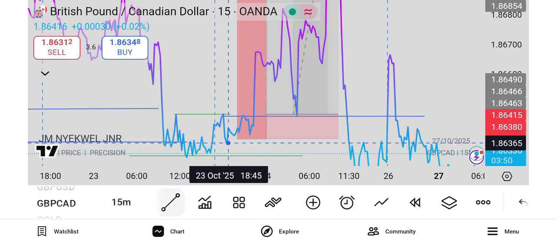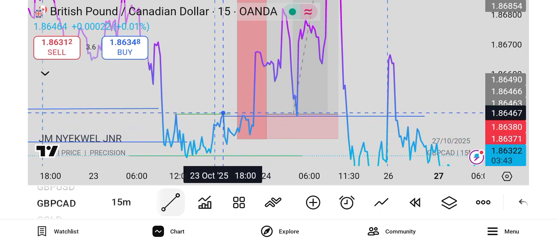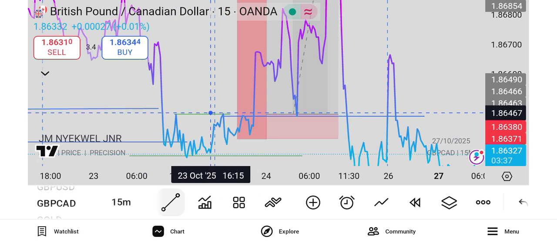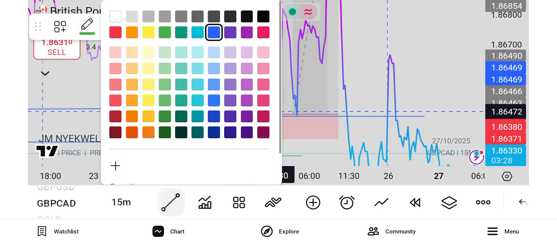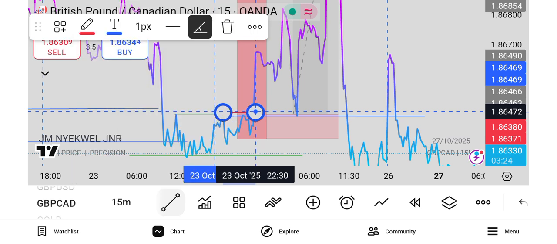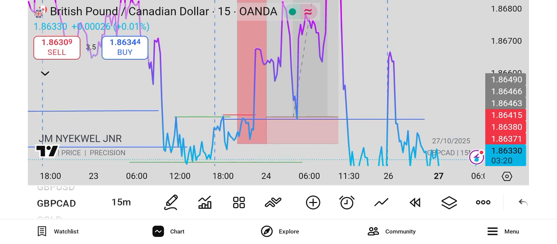Then it gave us our low down here, which was not broken after. Then the second high was here. This high which broke this high. So it was here and it was broken there. And the red line. You see?